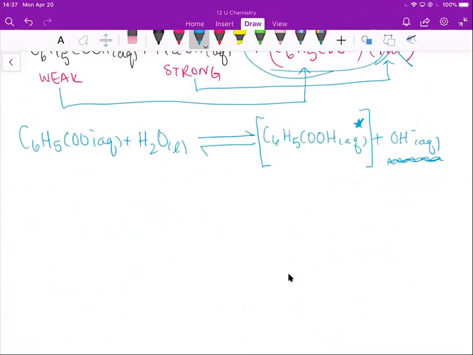So the Ka is going to be for, this is benzoic acid. Is it? It's not there.